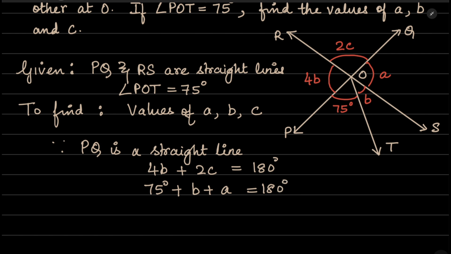Now, you know that they intersect each other. Since you are already given that PQ and RS intersect each other at O, you can say that the vertically opposite angles are equal.